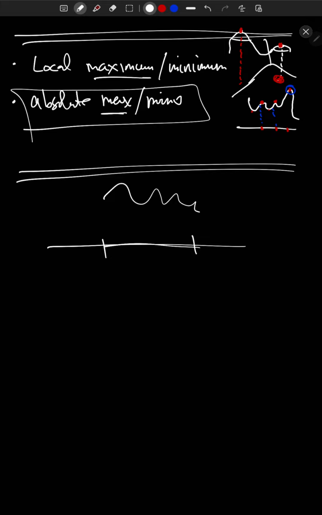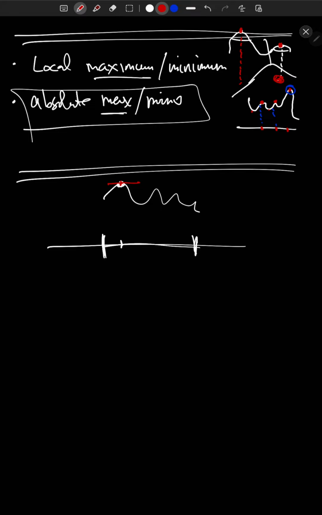We said that if you're looking for an absolute maximum and you're at a point which is exactly the absolute maximum in the interior of the interval, interior, not the endpoints, then if your function is differentiable, the tangent line at that point has to be horizontal.